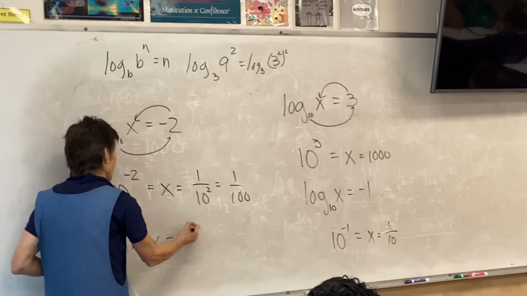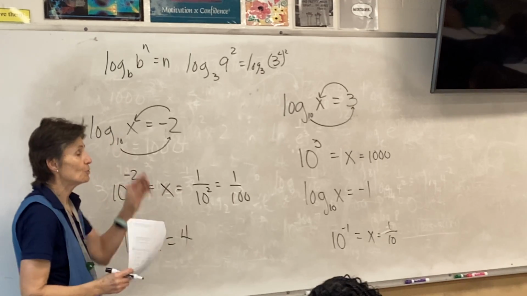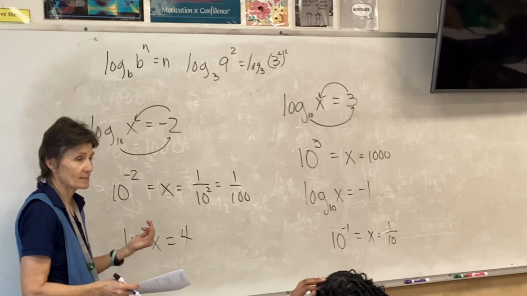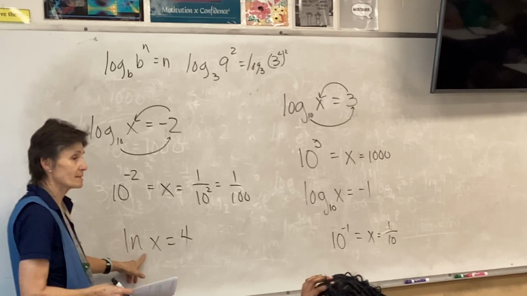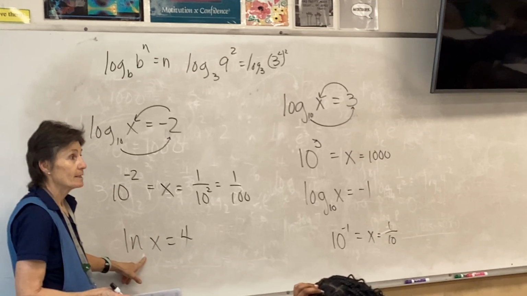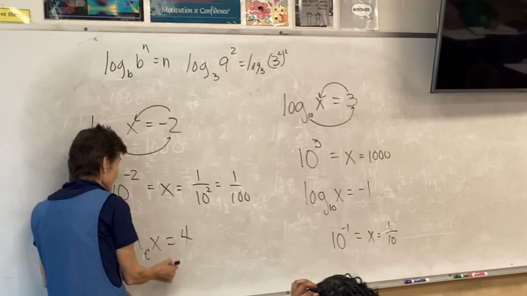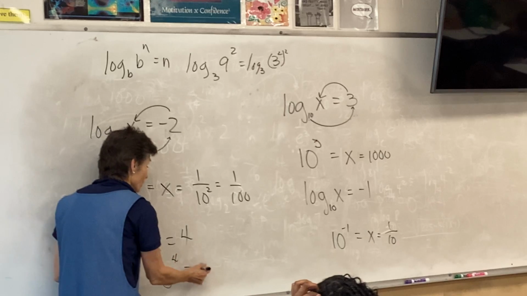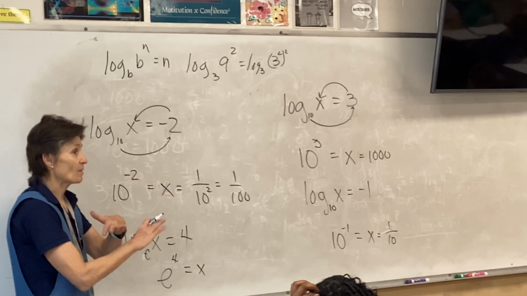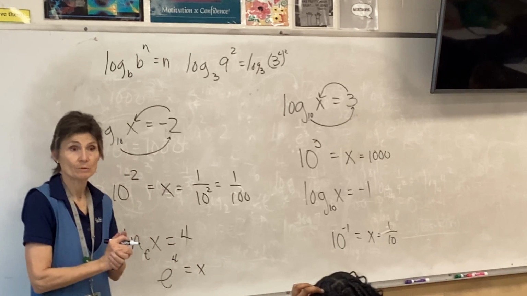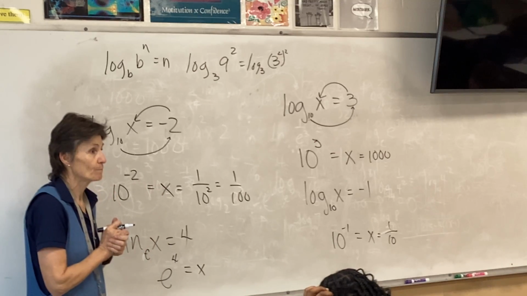ln x equals 4. Okay, what are you going to do? You need a base. You can't do this without a base. What's our base? E. Isn't our base E? So we're going to have E to the 4th equals x. And without a calculator, that's all we can do. So our answer is E to the 4th.